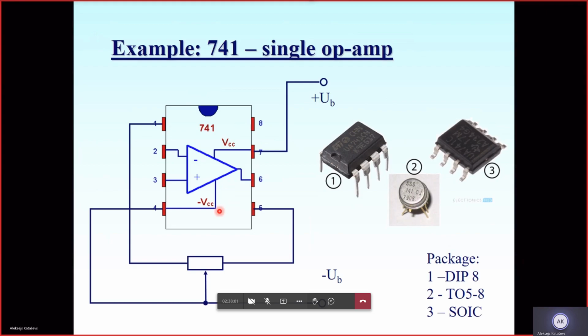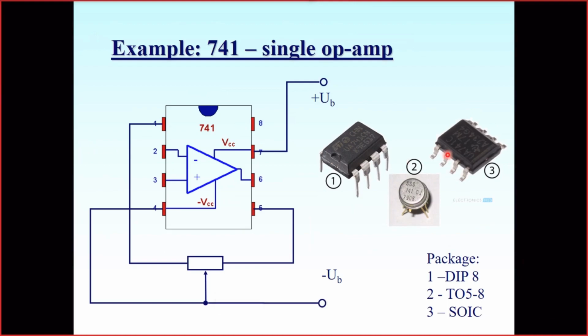As to the chips or housings for the amplifier, three typical types of housings are demonstrated here. One of the popular ones is the so-called DIP housing. The DIP has legs, or contacts, going out of the chip with a pitch, if I remember correctly, of 2.54 millimeters.